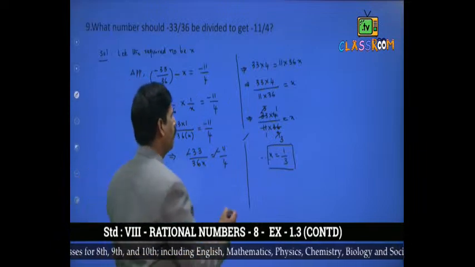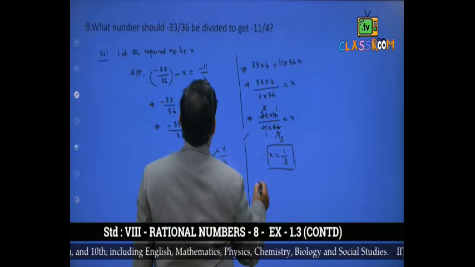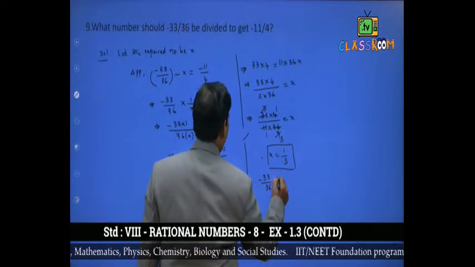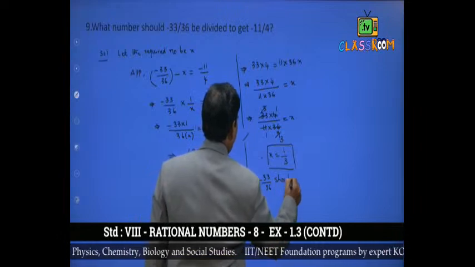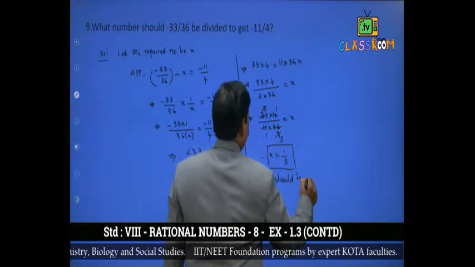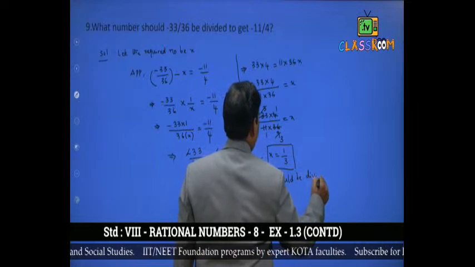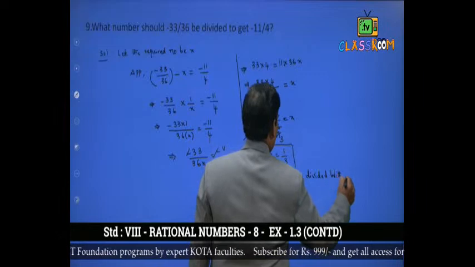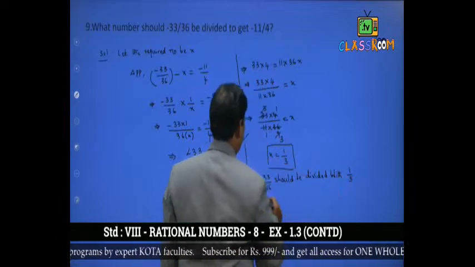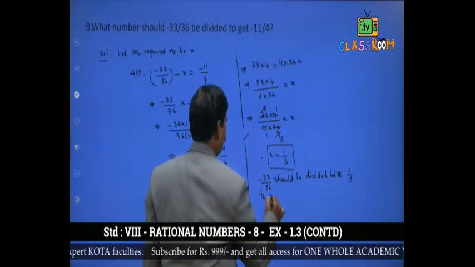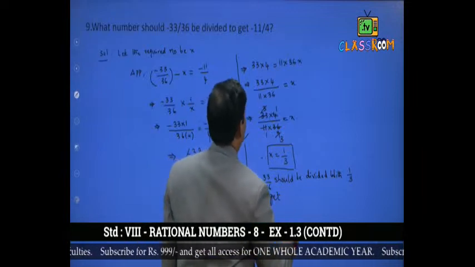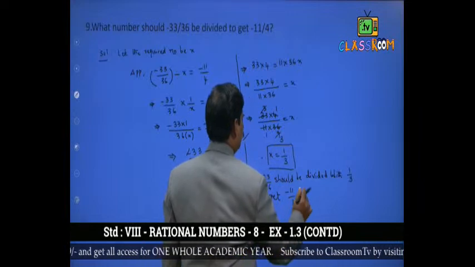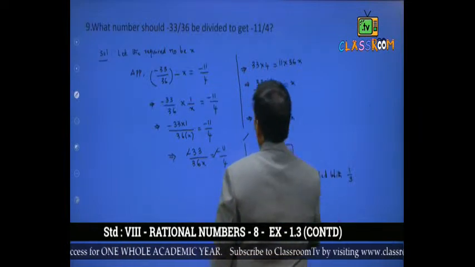So therefore minus 33 by 36 should be divided with 1 by 3 to get minus 11 by 4.